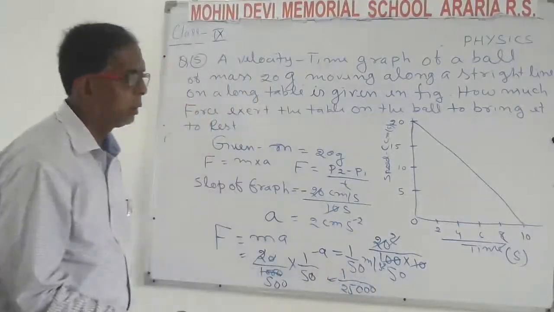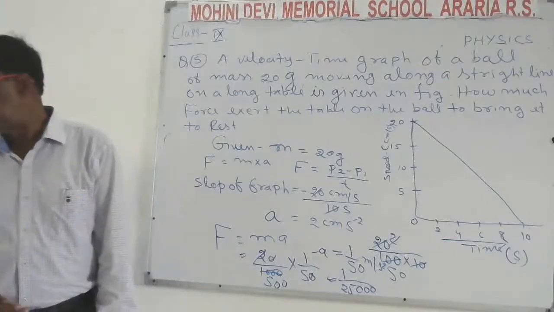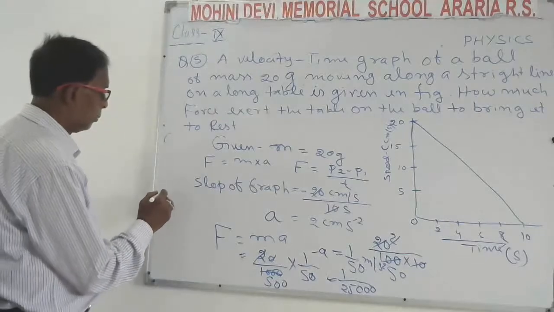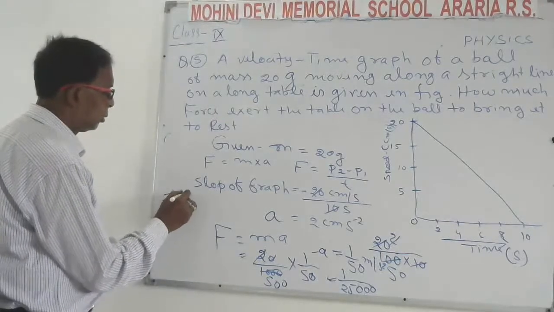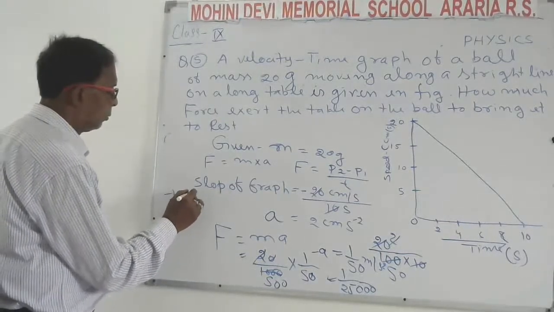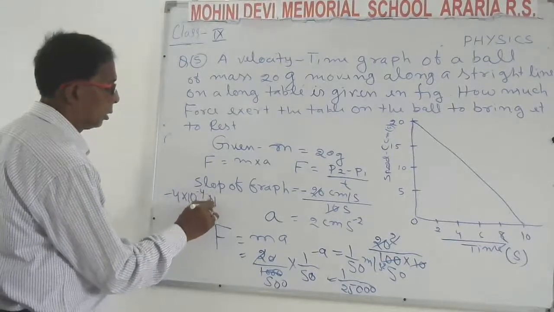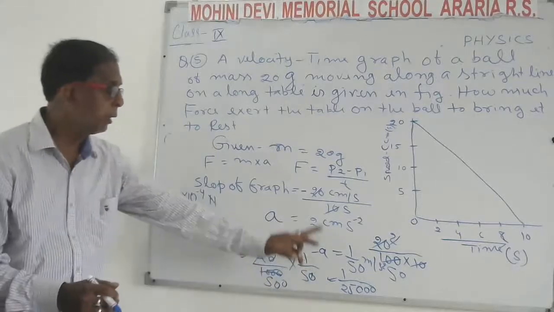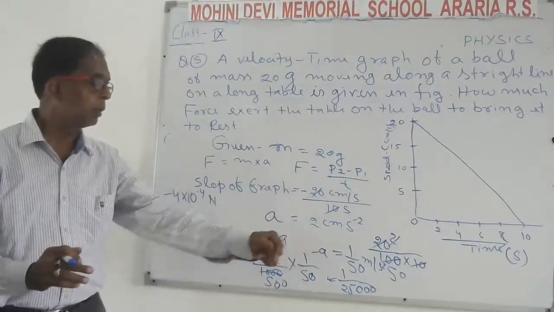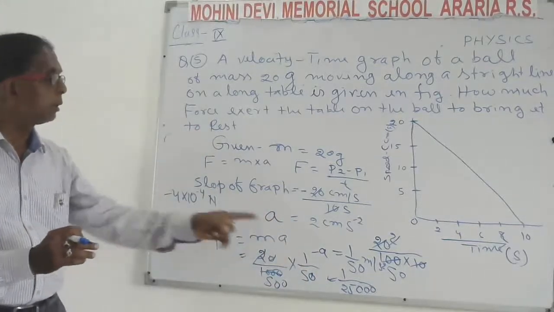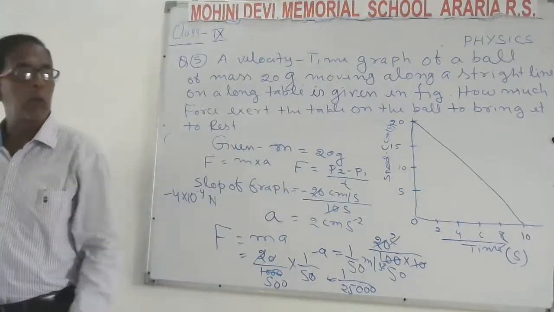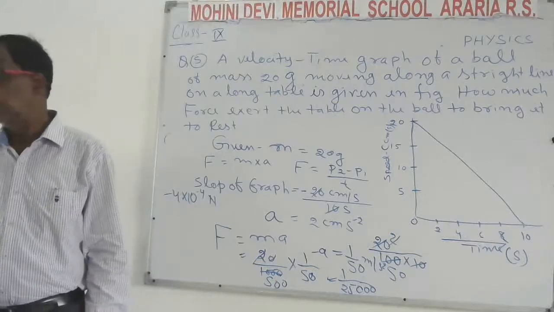If you calculate it, the result will come minus 4 into 10 to the power minus 4 Newton. So this is the answer of this graphical question.